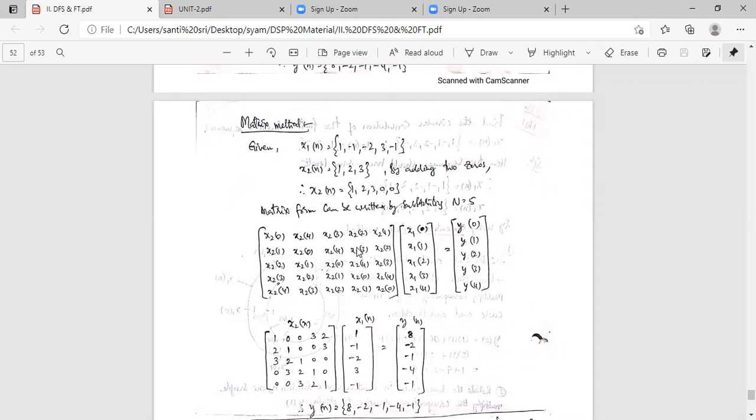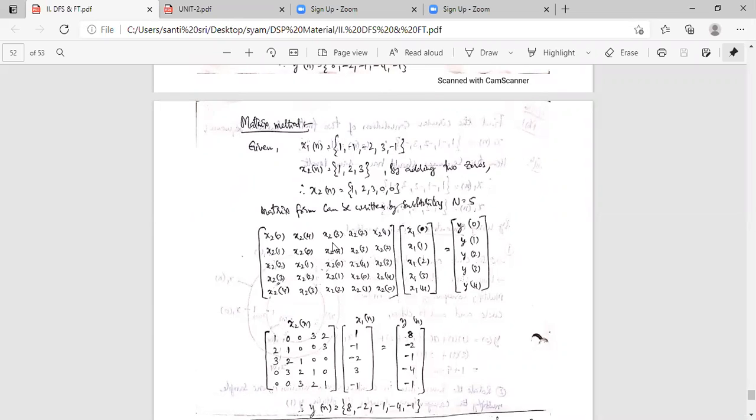Like this, the rows are shifted circularly, ending with x2 of 1, x2 of 2, x2 of 3, x2 of 4 and x2 of 0. Like this it can be arranged.